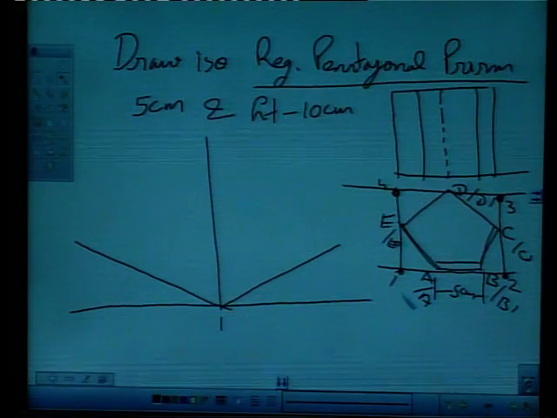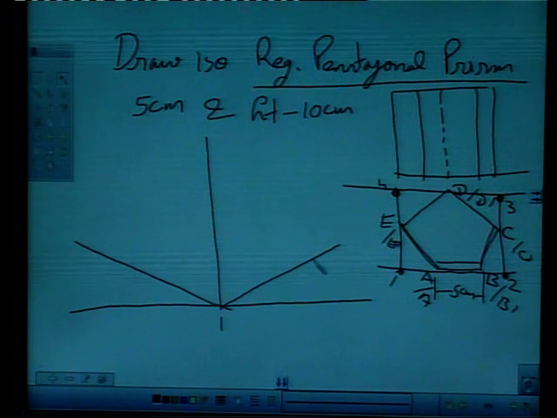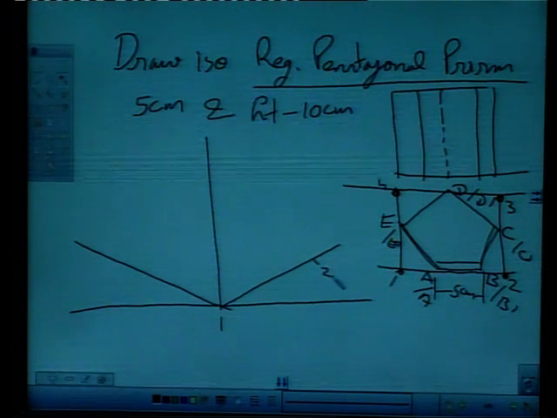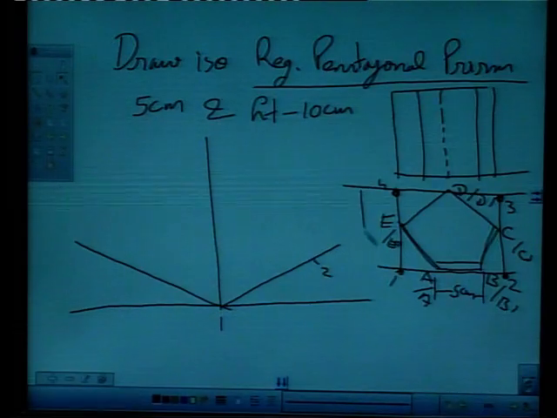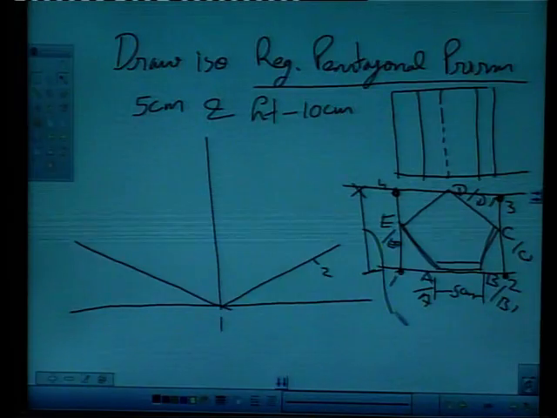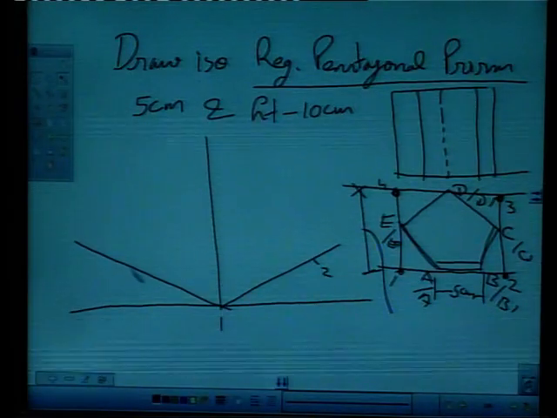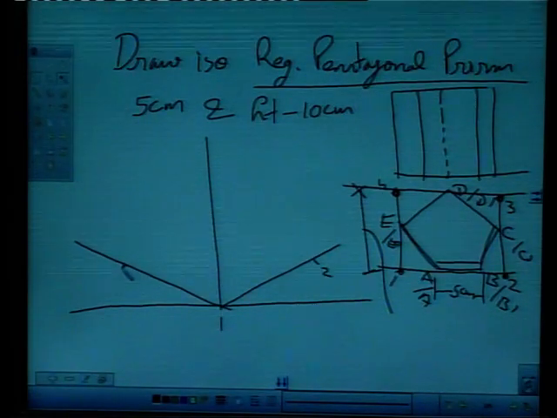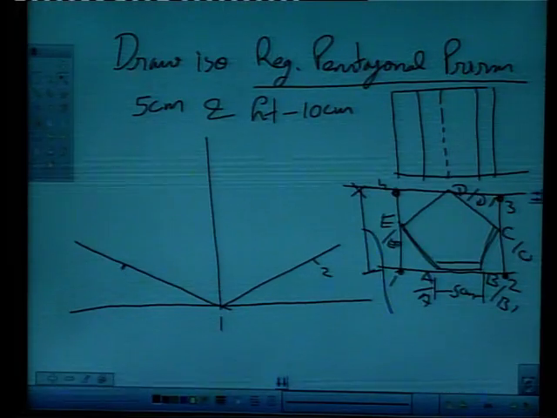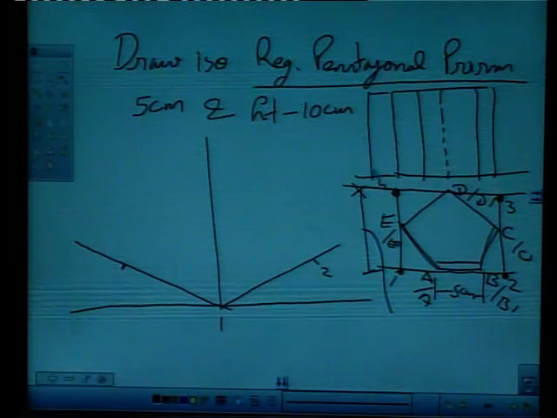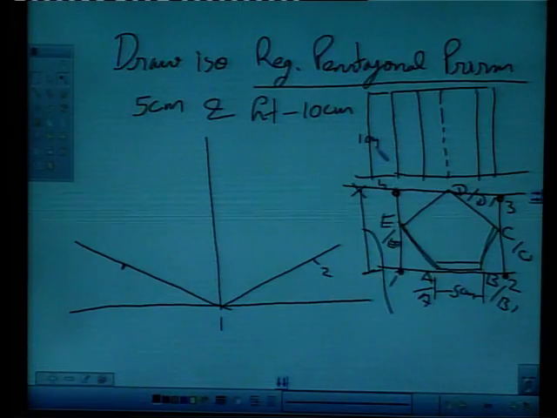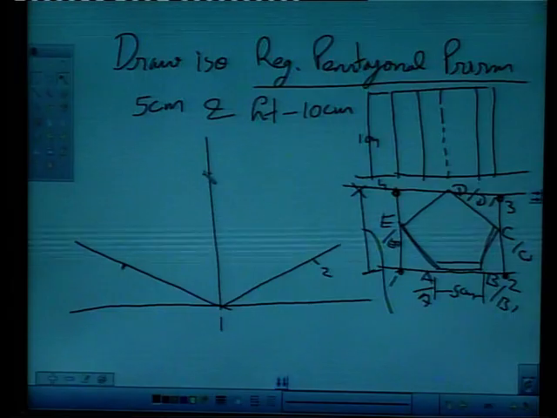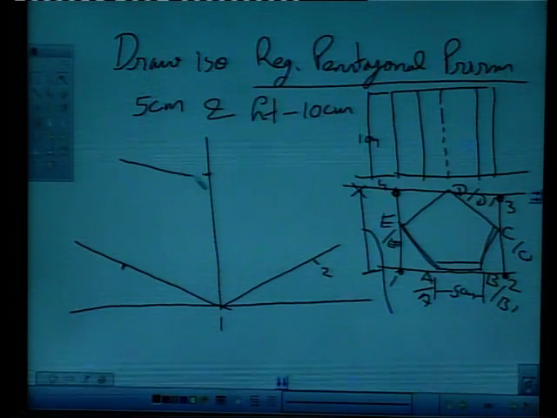We will actually measure, say point 2 is here, right? And we will measure 1 and 4, this distance. Please note we have to actually measure it, right? Say this is 4. And we will mark height, which is as per our question 10 centimeter. Say this is 10, right? And complete the cuboid.